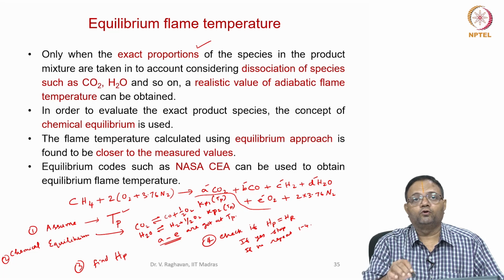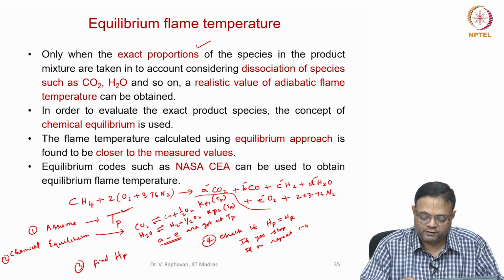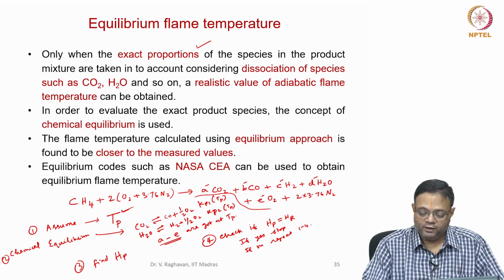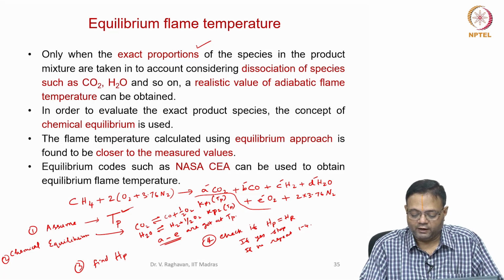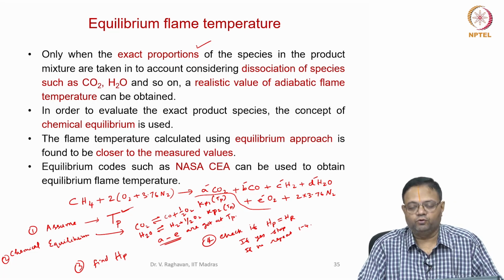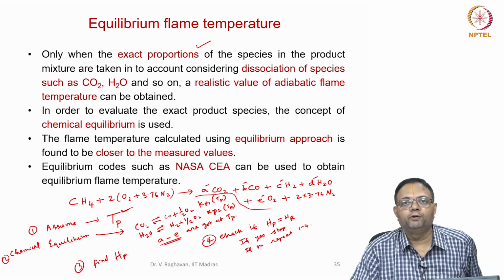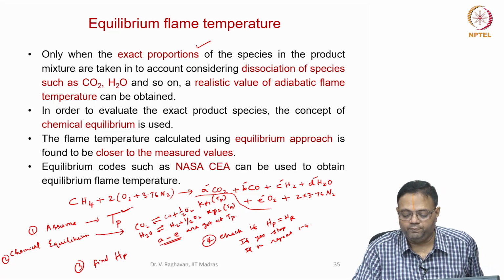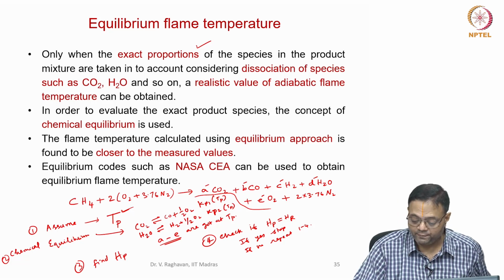Before going to equilibrium, I first have to assume a temperature Tp, and then consider 2 equations for the dissociation of CO2 and H2O and get the values of Kp1 and Kp2 at the temperature Tp.